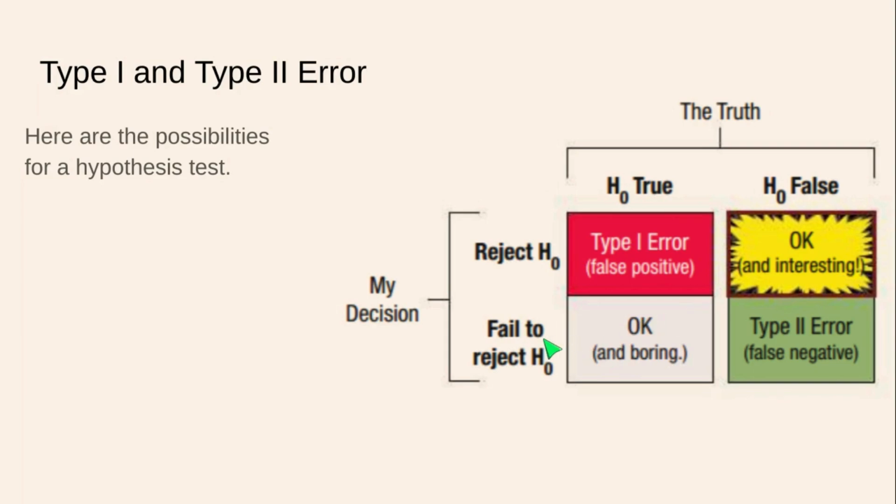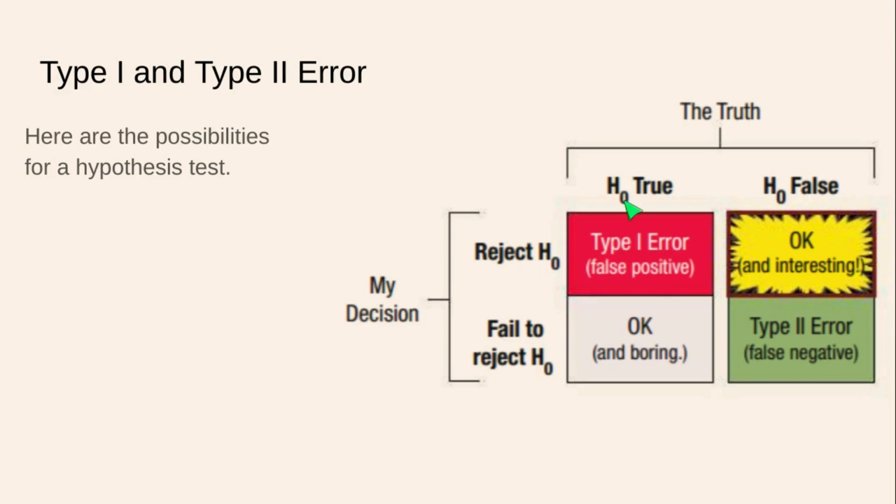However, if we fail to reject the null hypothesis and the null hypothesis turns out to be true, that's okay, and I mean, it's what we expected in our hypotheses. That's what, for the examples we've done so far, P sub 0 said anyway. So it's an okay result, it's an appropriate result, it's the correct result, and it is also boring, unlike this one. However, there are two types of error.